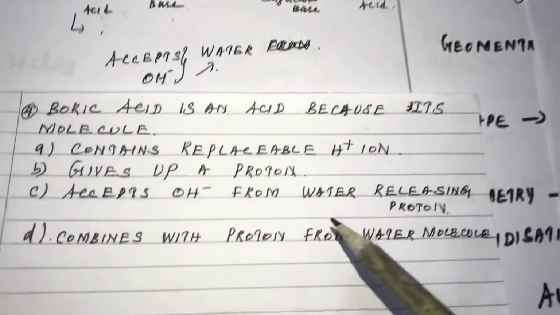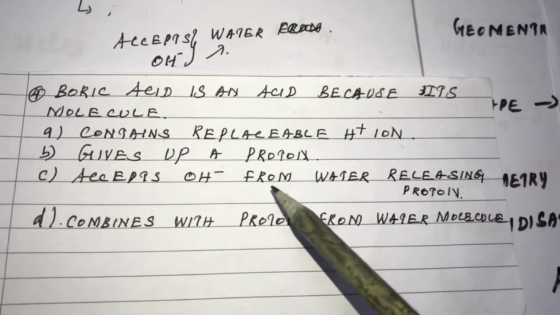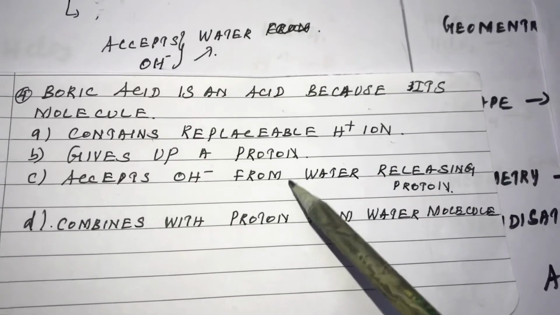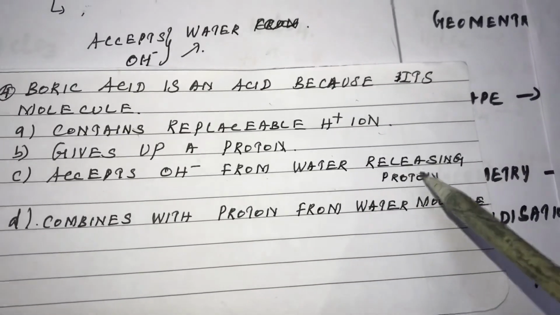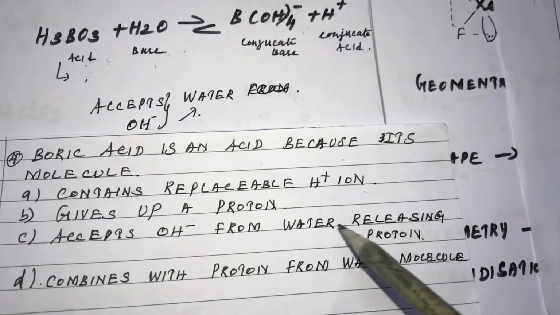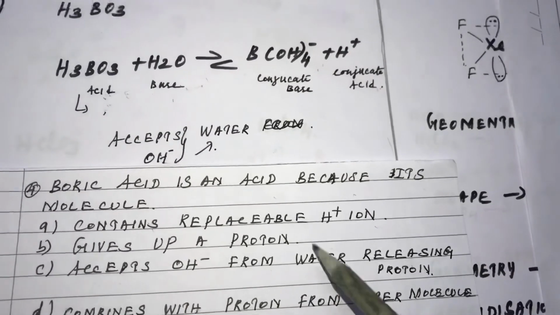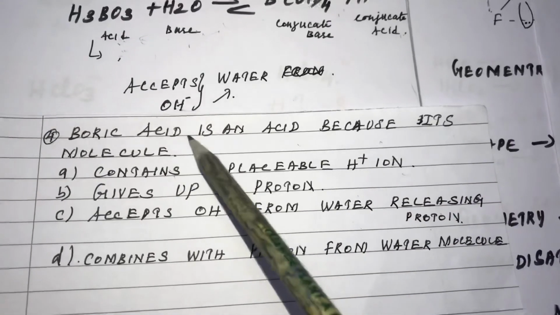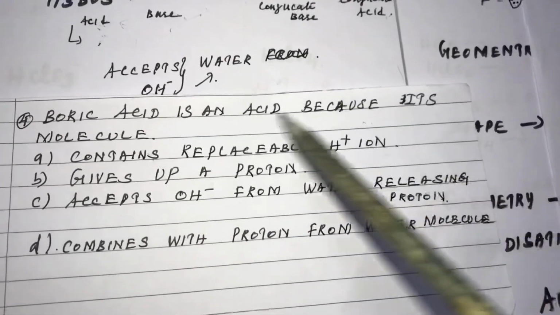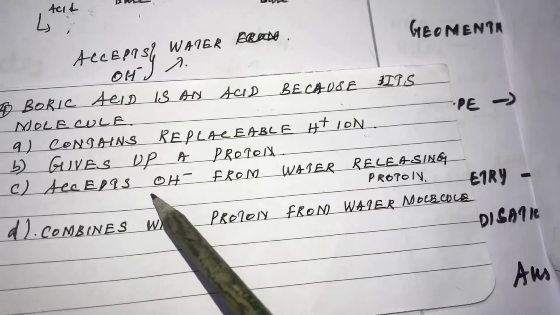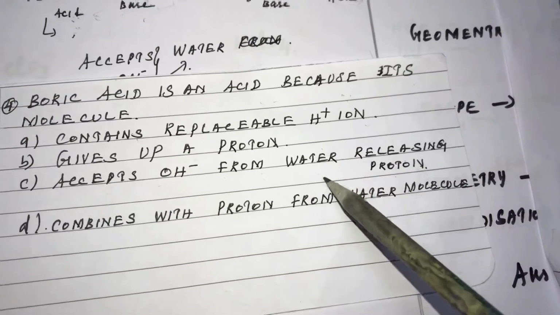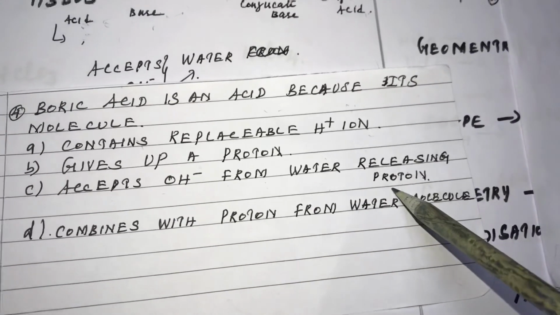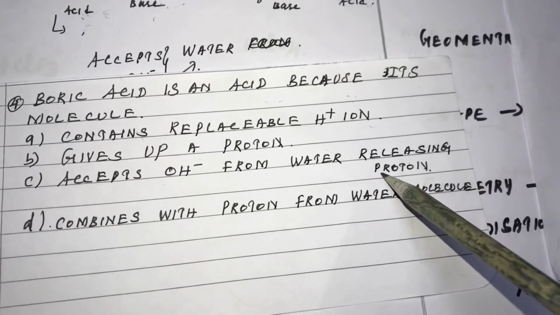Considering the given statements, it accepts OH- from water releasing proton. So this one is the correct statement. Thereby boric acid is an acid because its molecule accepts OH- from water releasing proton. C is the correct answer.